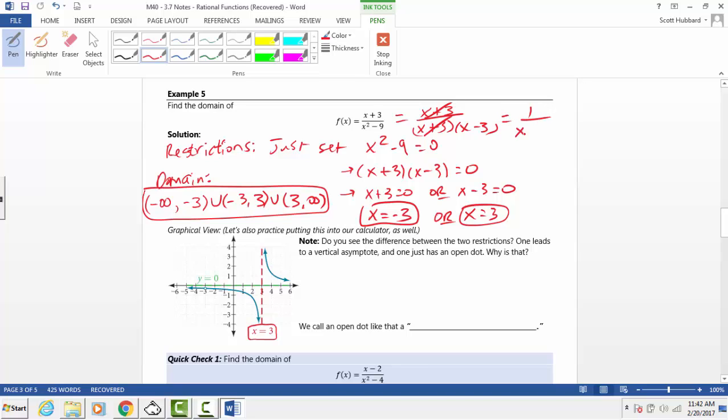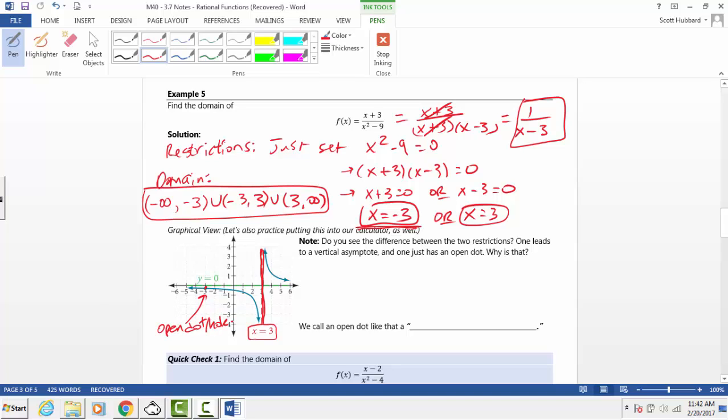And so this one's what we call a removable hole, or a spot where we're not going to have a vertical asymptote at both places. It turns out we only have a vertical asymptote at x equals 3, and that's because the graph looks like this. And so we have this vertical asymptote only at x equals 3, not at x equals negative 3. And that's because at negative 3 we have an open hole right here. So we have an open dot.